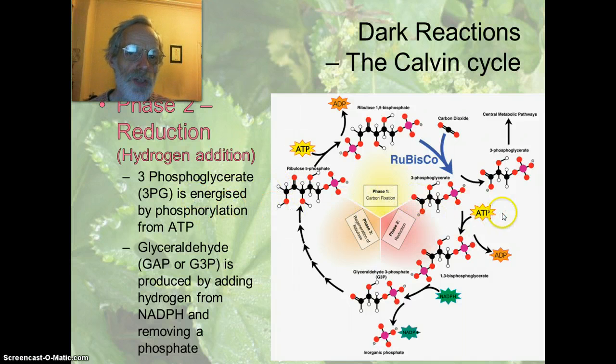3-phosphoglycerate is energized by phosphorylation by ATP, so it has a second phosphate added. This enables it to be able to oxidize the NADPH and itself become reduced, so producing glyceraldehyde phosphate, sometimes called GAP or G3P, and the phosphate is removed in the process.